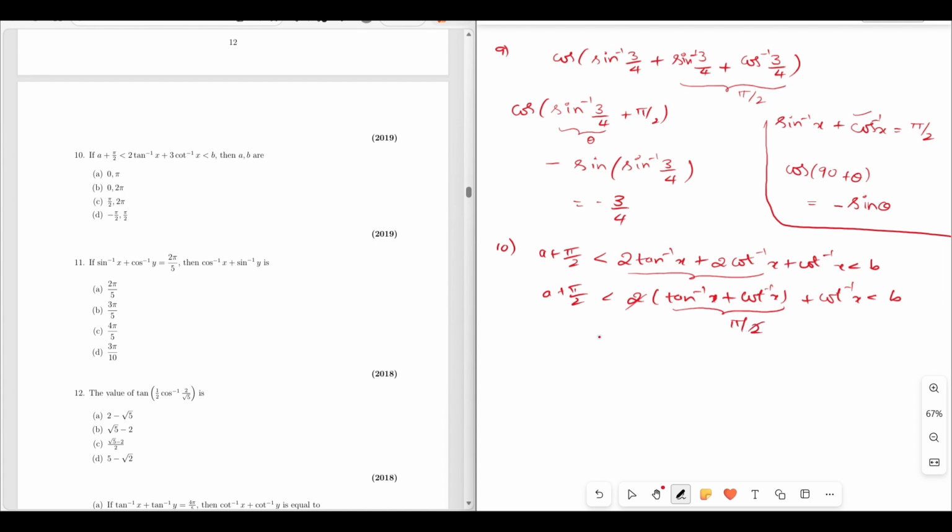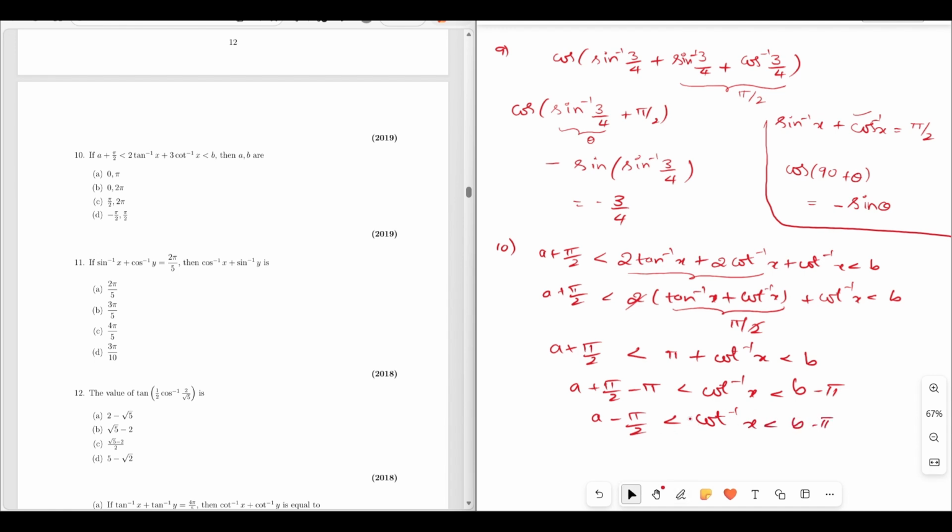and this 2 gets cancelled. You will be left with a plus pi by 2 less than pi plus cot inverse x less than b. So now in order to eliminate this pi, I'll subtract pi. A plus pi by 2 minus pi less than cot inverse x less than b minus pi. Okay, so now on simplifying, a minus pi by 2 less than cot inverse x less than b minus pi. You are supposed to find the values of a and b.